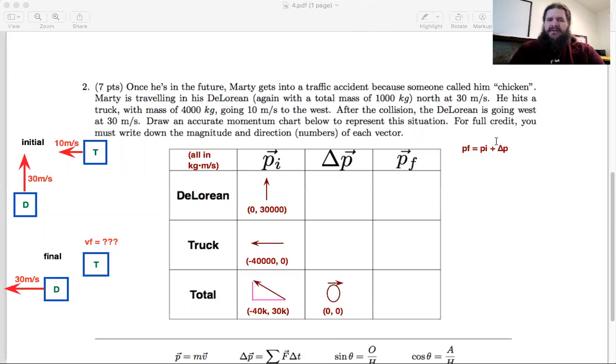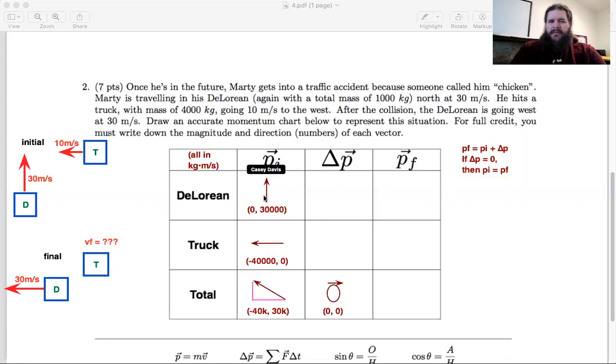Delta is just the thing you add to the initial value to get the final value. And if the change is 0, what does that tell you about initial and final values? They're the same. If delta P is 0, then initial momentum is the same as final momentum.